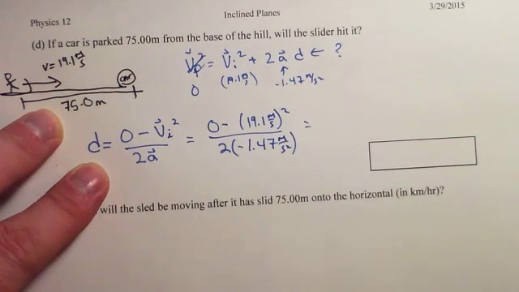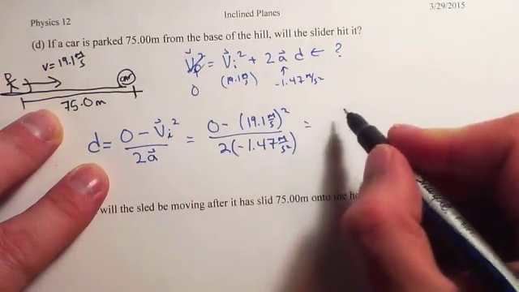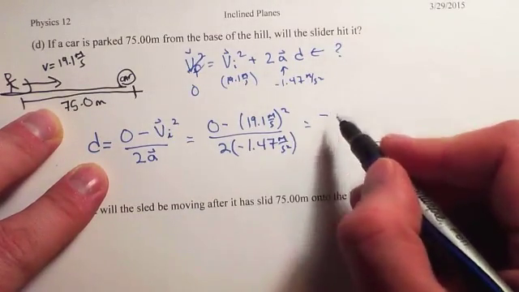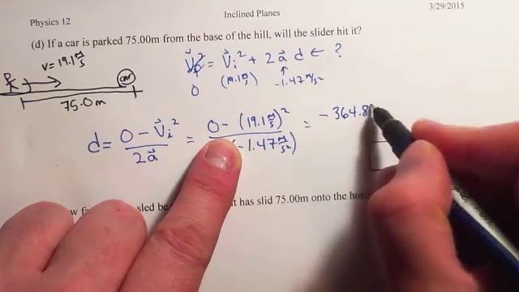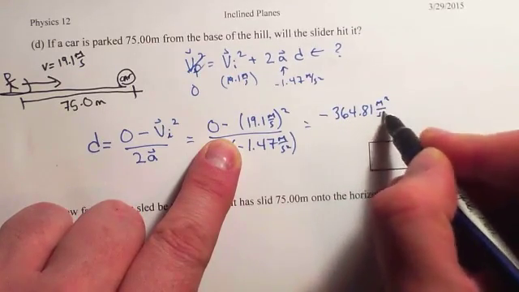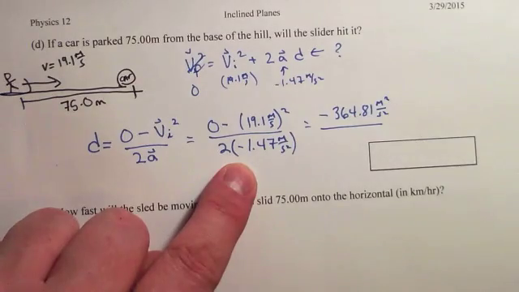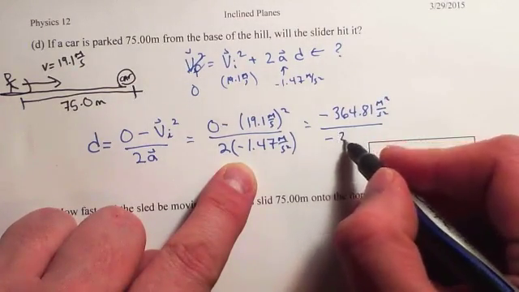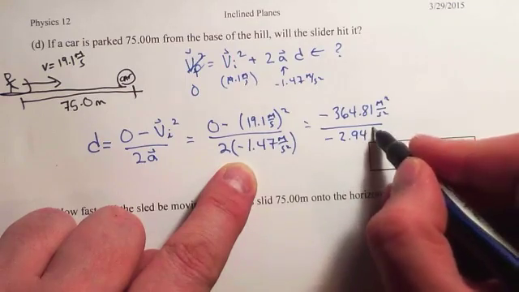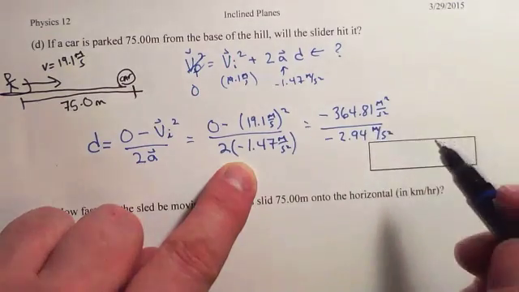So 19.1 squared minus 0 is negative 364.81 meters squared per second squared, over negative 2.94 meters per second squared.